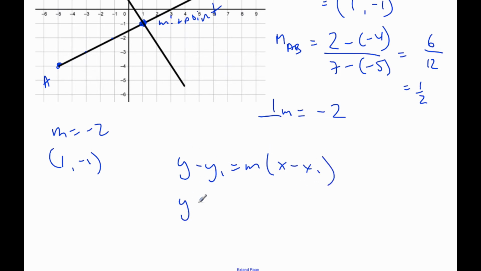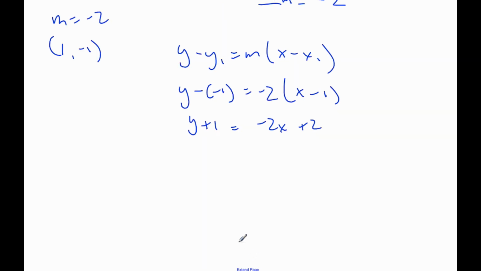I get y minus -1 is equal to -2 times x minus 1, because my slope is -2 and my x1, y1 is my point. Y plus 1 is equal to minus 2x plus 2. So y is equal to minus 2x, subtract the 1 over, and I get plus 1.